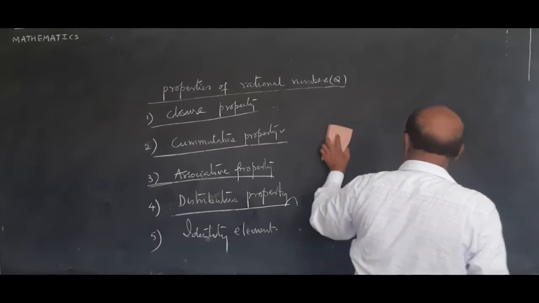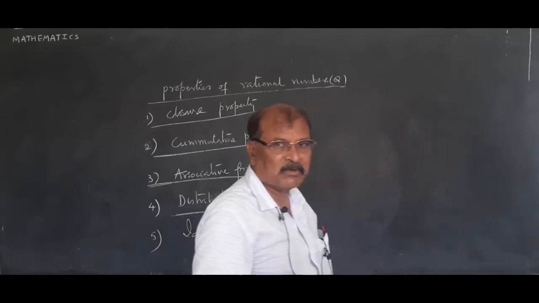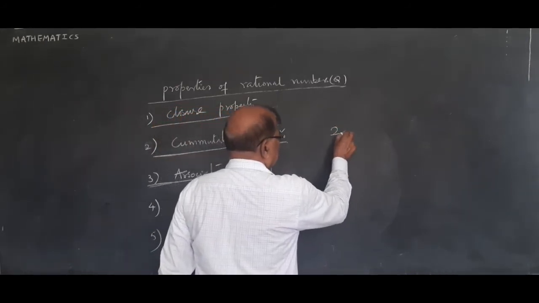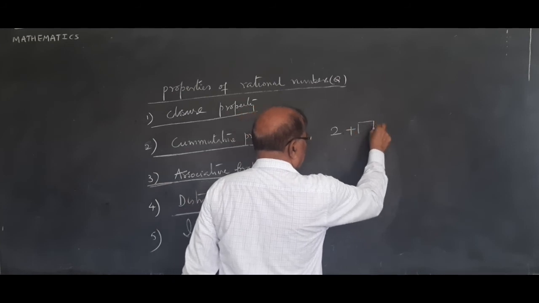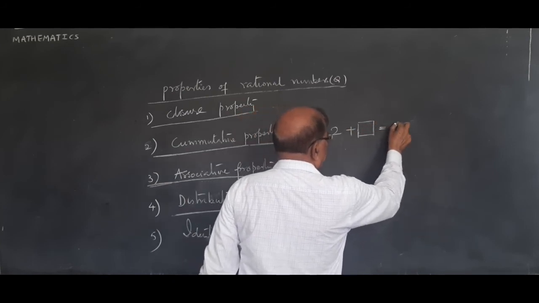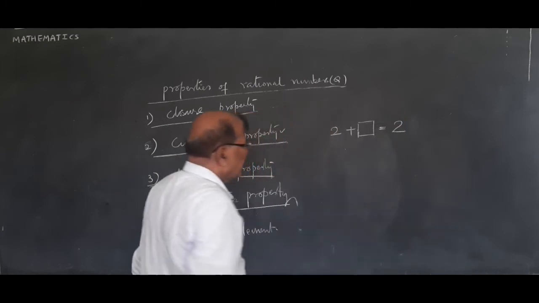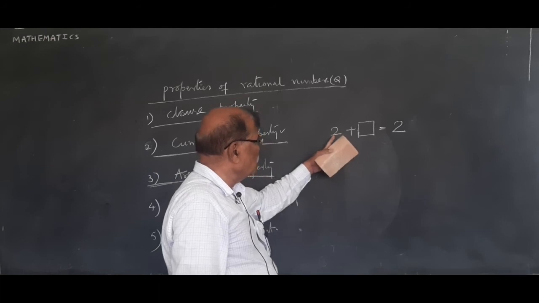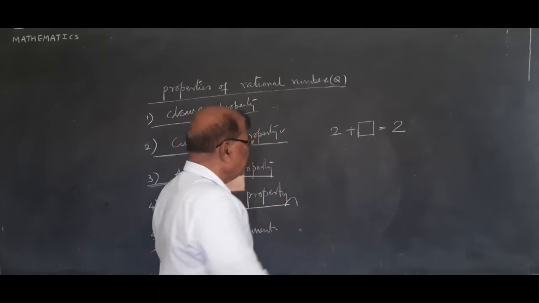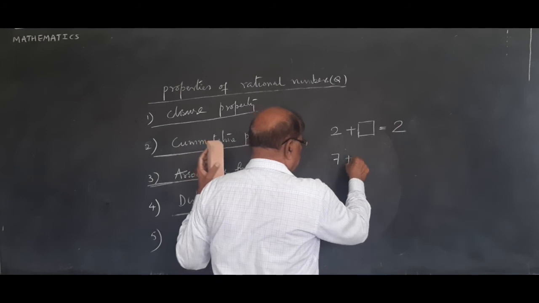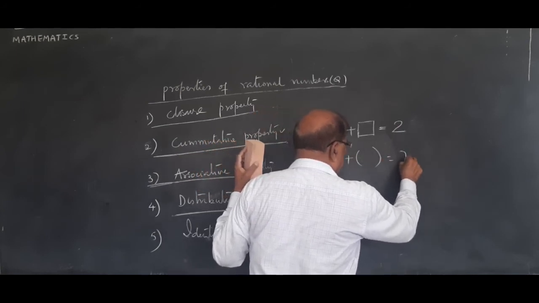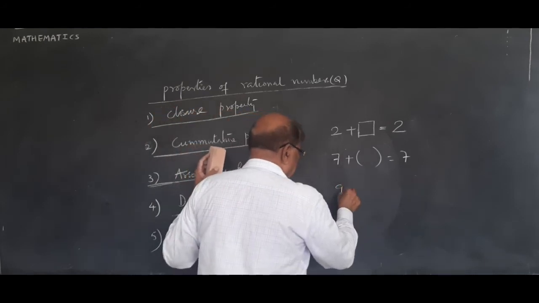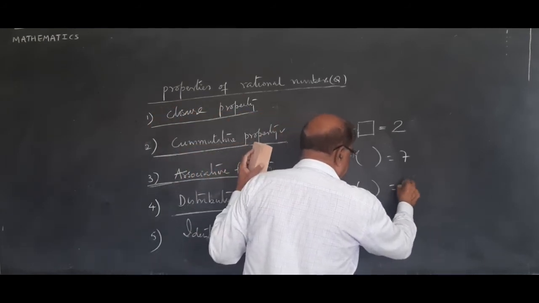So, let us go to the set of natural numbers to discuss identity element. What should be added to 2 to get the same number? You take 7, something is added, you should get 7. You take 9, something is added, you should get 9.